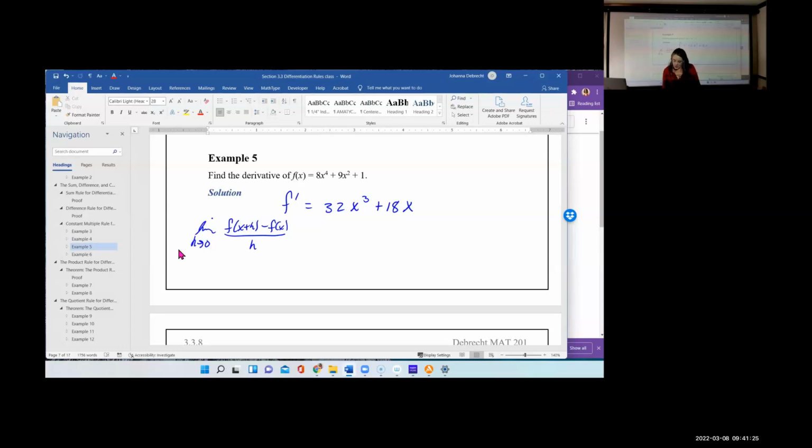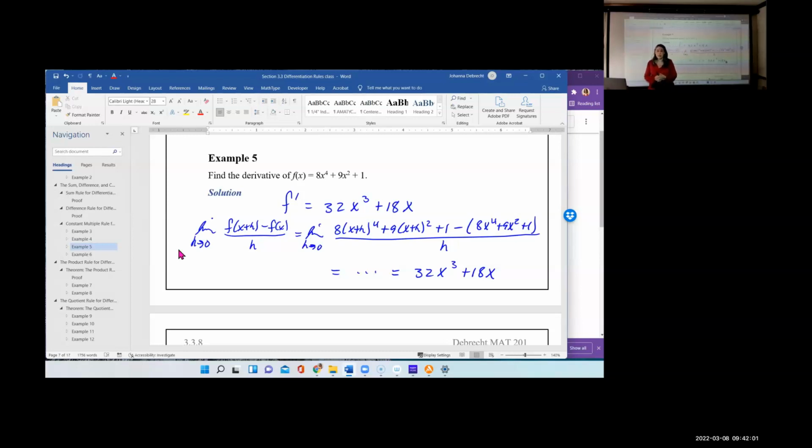In other words, if we were to take this function right here and work out 8 times x plus h to the 4th plus 9 times x plus h squared plus 1 minus (8x to the 4th plus 9x squared plus 1), and divide all of it by h, then some 10 minutes later, we would come up with 32x cubed plus 18x, right?